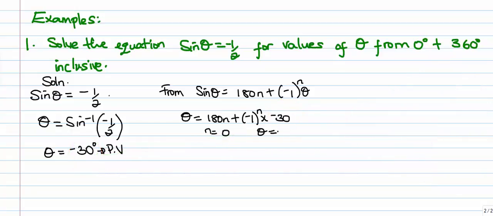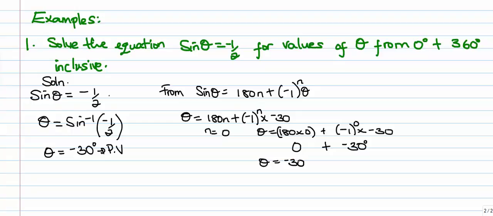So we shall put theta is equal to 180n plus -1 to the power n times -30, which is our principal value. Now when n is 0, of course 180 times 0 is 0, and -1 to power 0, any number to power 0 becomes 1. So 1 times -30, we get our first value for theta, which is -30.